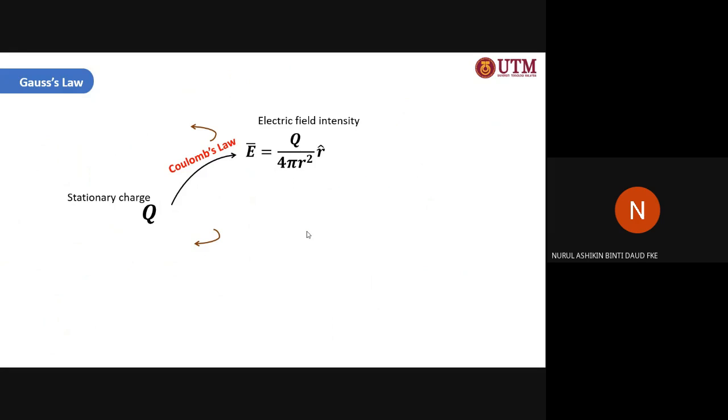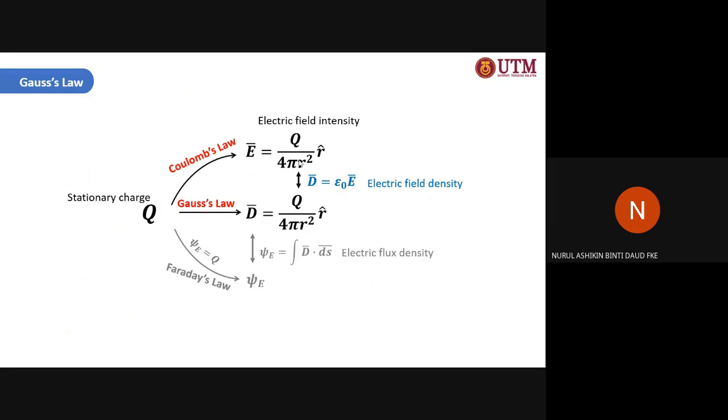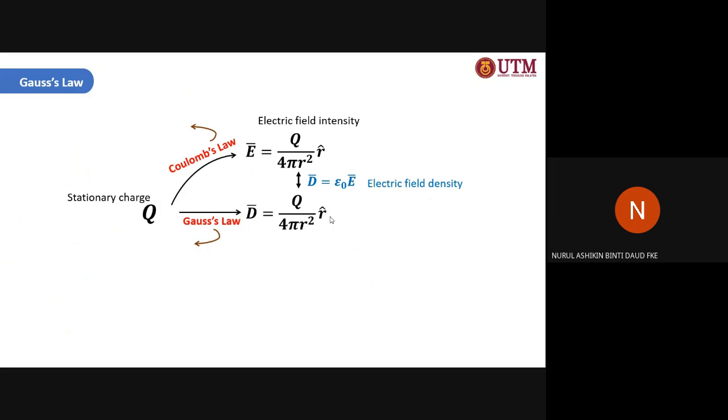If you are using a stationary charge with Coulomb's law, you will obtain the electric field intensity. From this electric field intensity, then only you can multiply with epsilon naught to derive the electric field density. However, if you are dealing with Gauss's law, you will straight away get the electric field density.